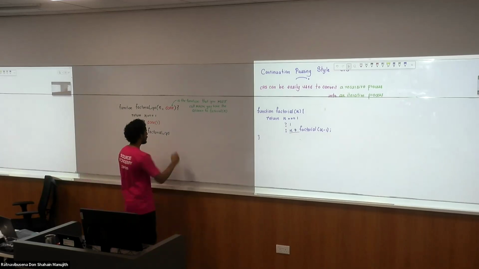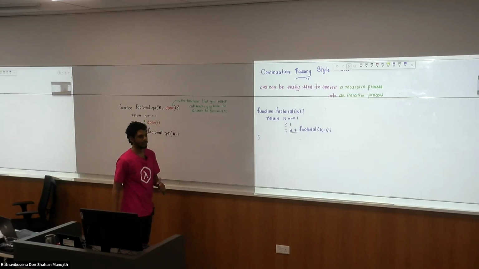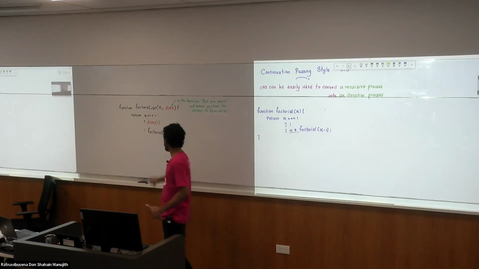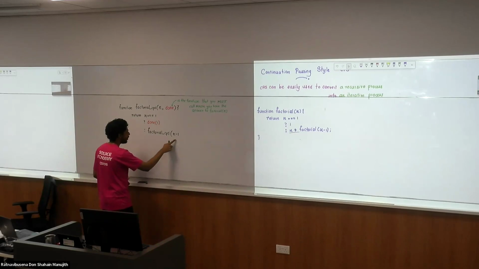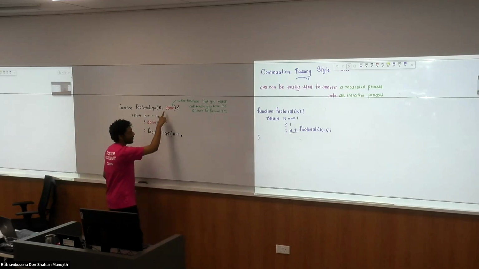Then you must call it with n minus 1. This is the function you call, factorial CPS, and you call it with n minus 1. Then what's this one? Should be done, right?